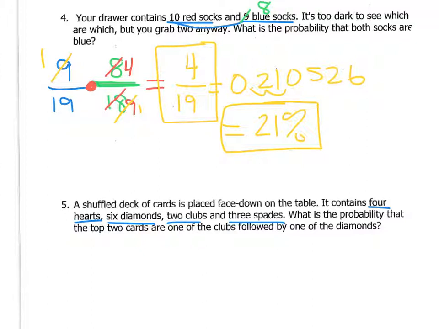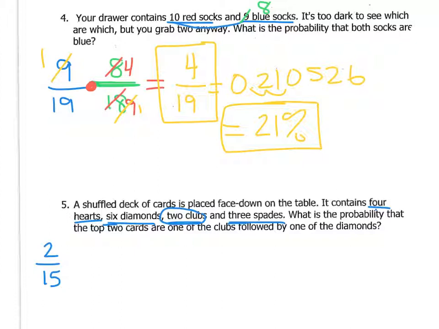Well, there are 2 clubs in the deck, out of, if we add up the totals, 4 plus 6 is 10, plus 2 is 12, plus 3 is 15. So the chances that the top card is a club would be 2 out of 15.